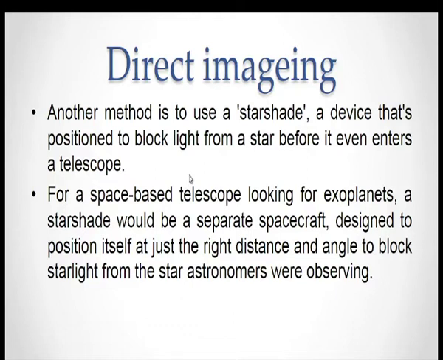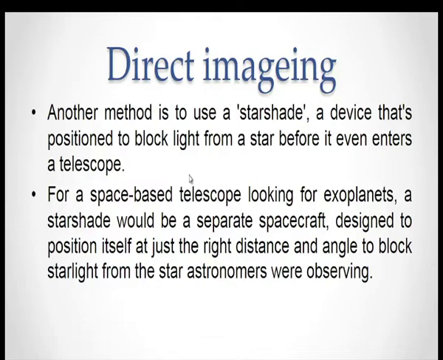So two spacecraft should be launched. The distance between the two spacecraft should be decided, and the star shade designed to position itself at just the right distance and angle to block starlight from the star astronomers are observing.